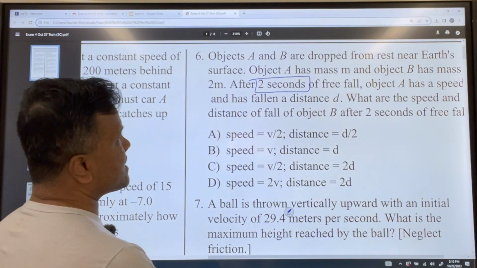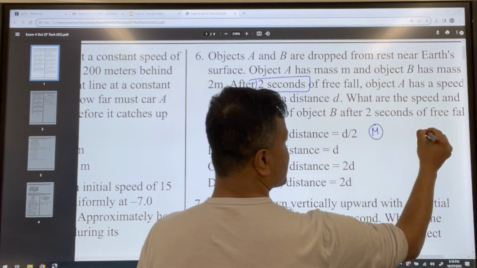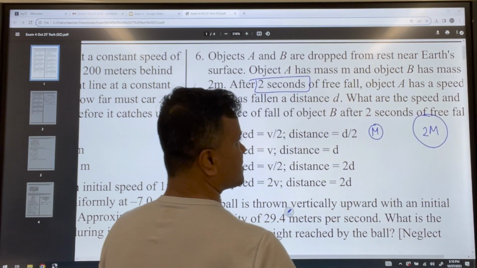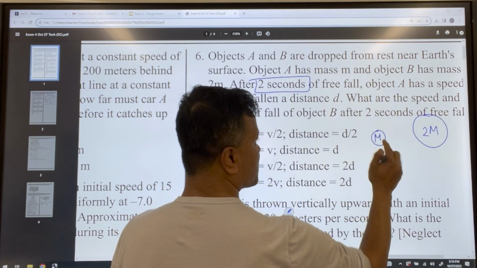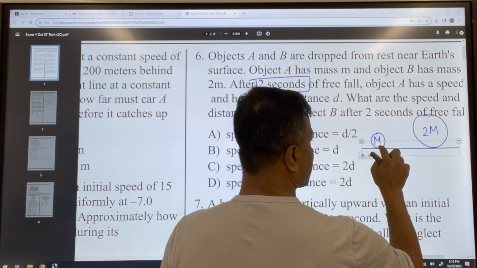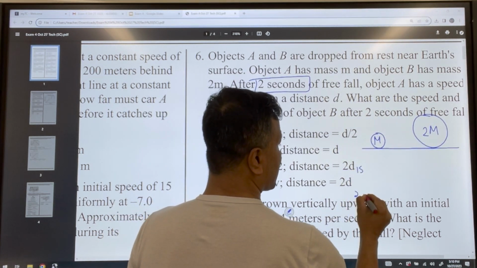Object A has mass m, and object B has mass 2m, so this one is the bigger object. And they are dropped from the same height. So we are trying to find 1 second later and 2 seconds later.